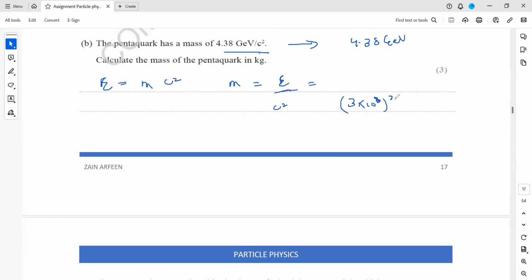The speed of light is 3 into 10 power 8. So giga electron volt, like I have 4.38. Giga means 10 power 9. Electron volt, then electron volt into joules. So it will be 4.38 into 10 power 9 multiplied by 1.6 into 10 power minus 19.